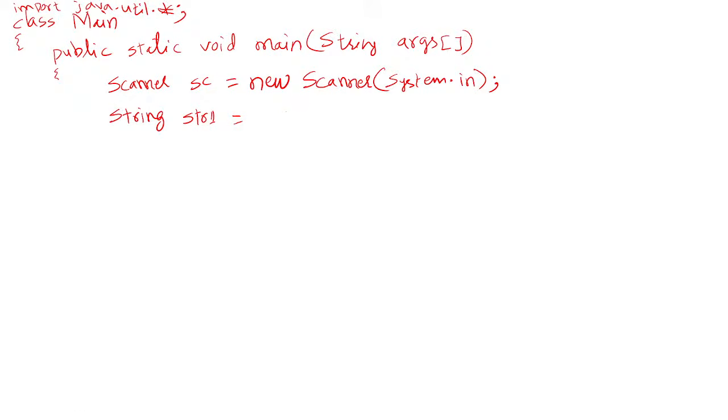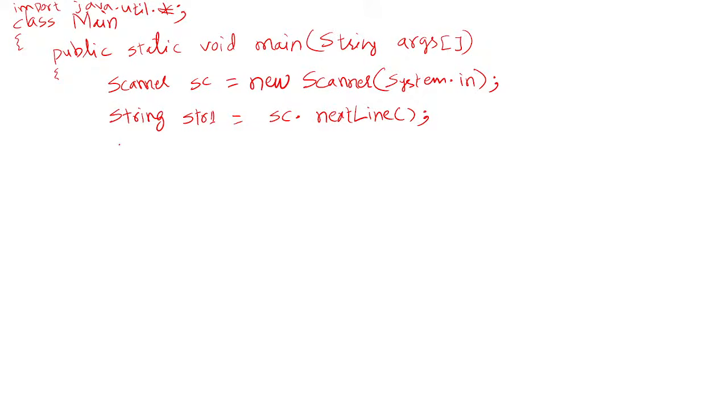You say sc.nextLine(), so it reads the entire string. The first string it reads and stores in str1. Then similarly you read the second string also.